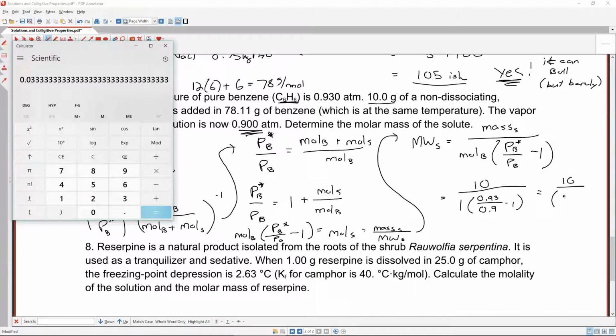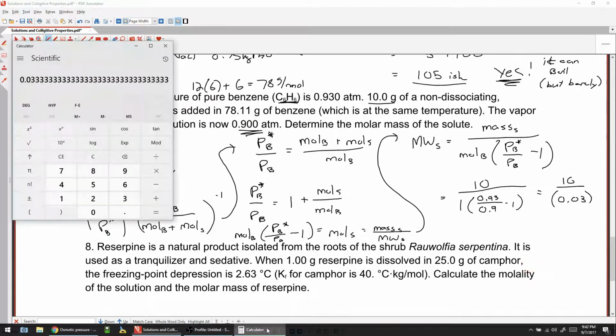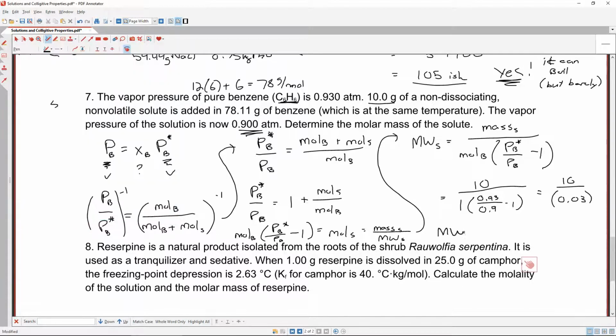So that is 0.03. Then 10 divided by 0.03 is 333. So the molecular weight is 333, in units of grams per mole.